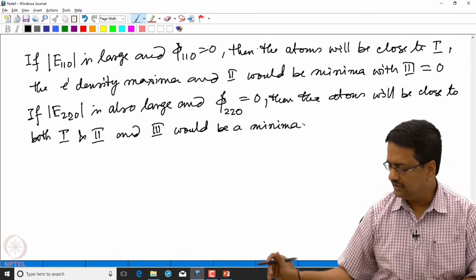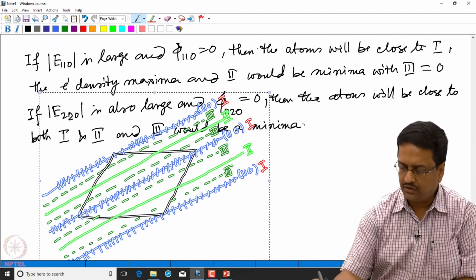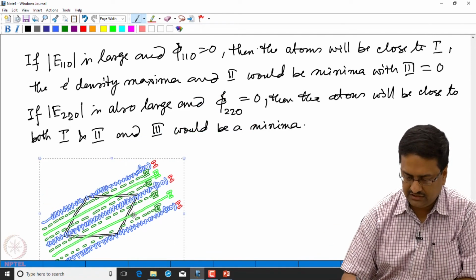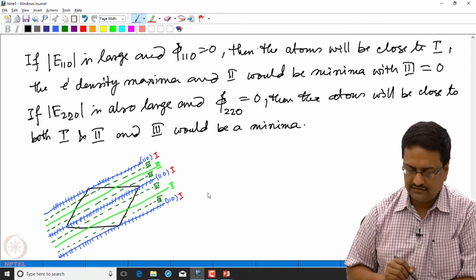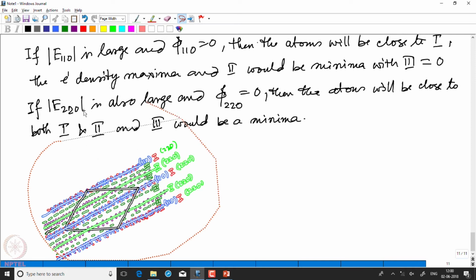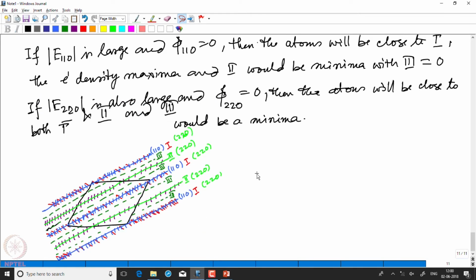Which indicates that the plot we had drawn in the previous slide, which I am trying to bring here as well, indicates that so this plot here then describes what I have written here.